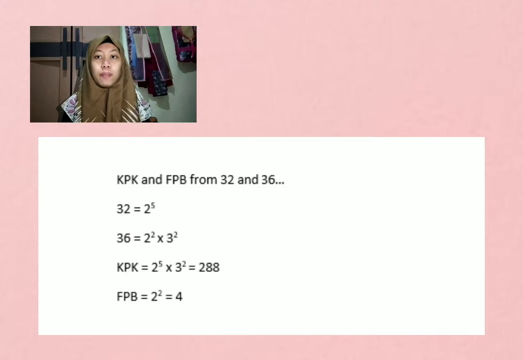So the KPK of 32 and 36 is 2 raised to 5 times 3 raised to 2 equals 32 times 9 equals 288. And the FKB of 32 and 36 is 2 raised to 2, or 4.